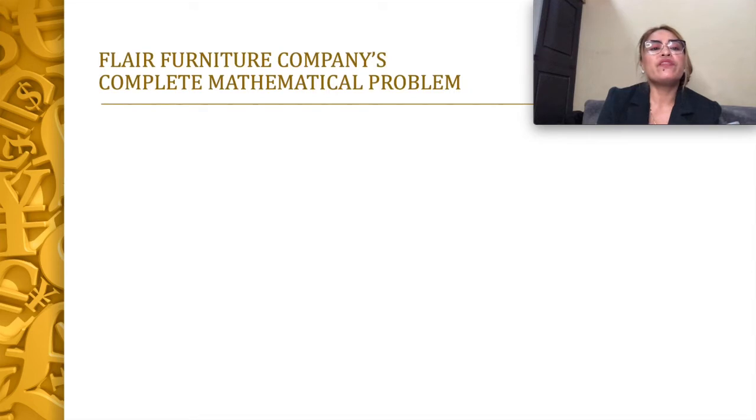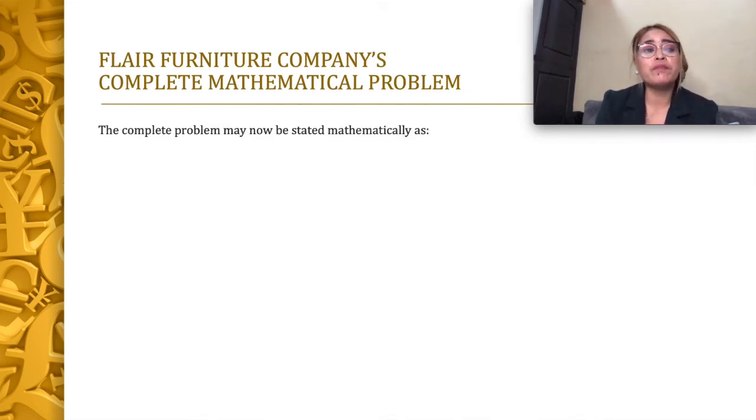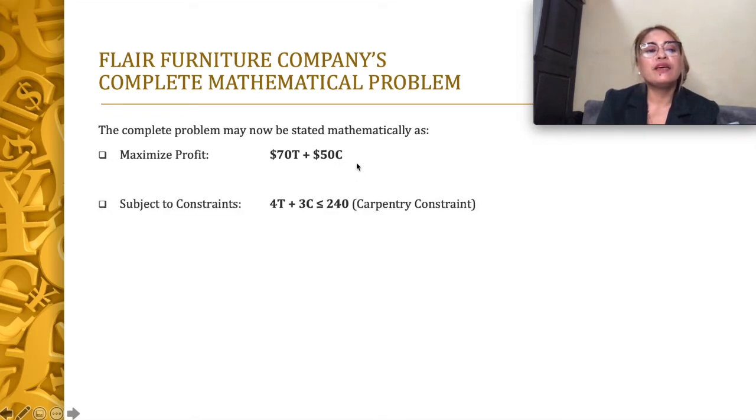So with that, Flair Furniture Company's complete mathematical problem may now be stated as: maximize profit is $70 times T plus $50 times C, subject to constraints. This is the first constraint: 4T plus 3C must be less than or equal to 240.